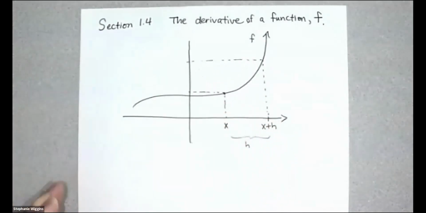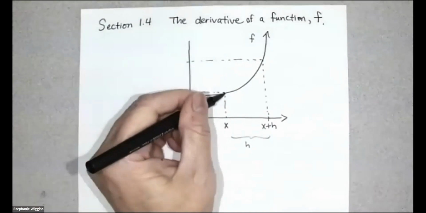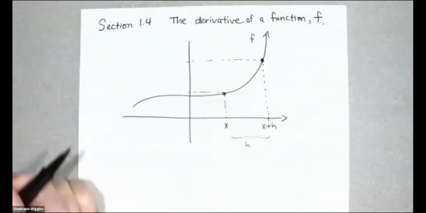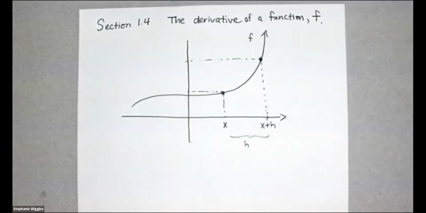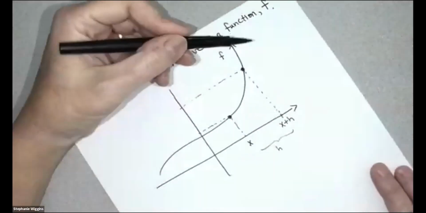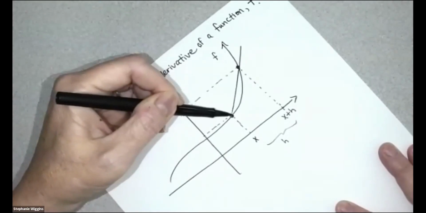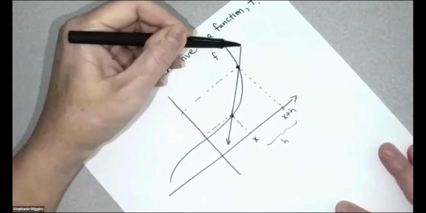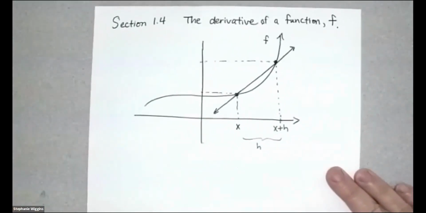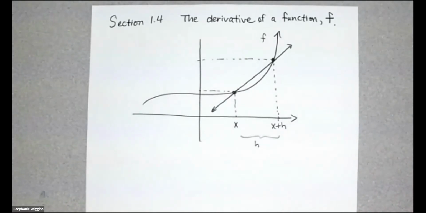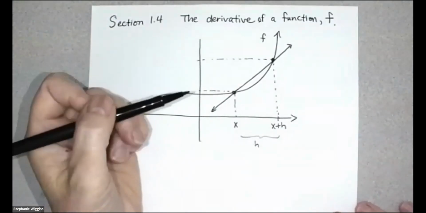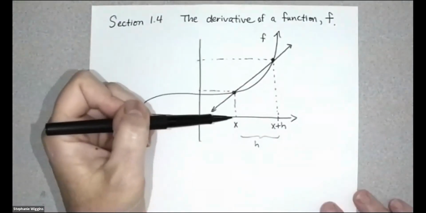You can kind of see where this is going. We're interested in the slope of the line between the 2 points that lie on the curve. Let me just draw this line straight. The slope of that line is the difference quotient that we've talked about in the past.